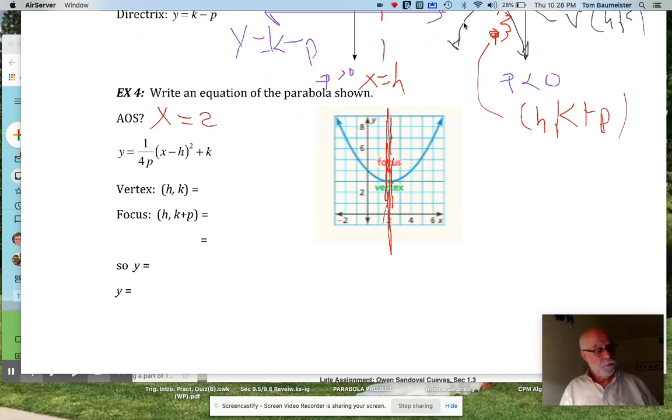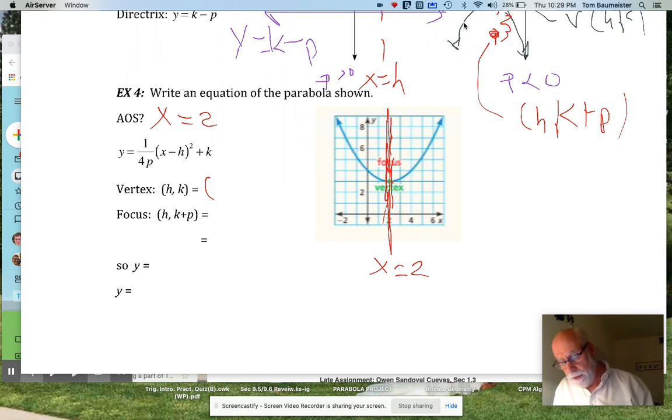All right. I just showed you that again, y is equal to 1 over 4p times (x minus h) squared plus k. Now our vertex, again, you can see it right there. It's the green one there. I kind of have it not looking good by my axis of symmetry, right? Which was at x is equal to 2.